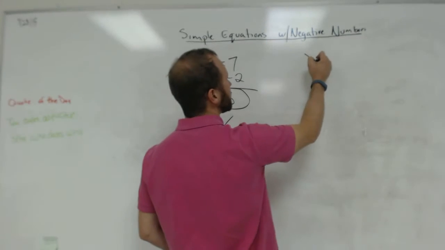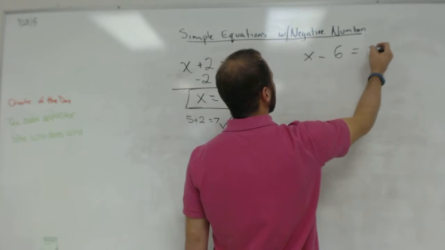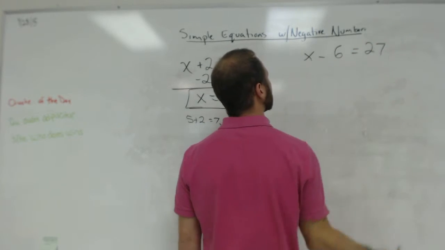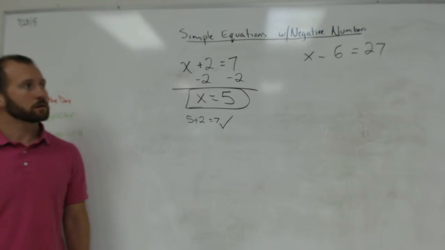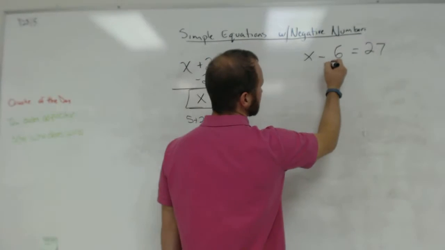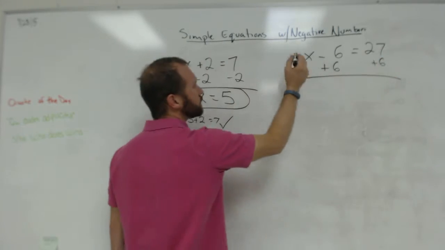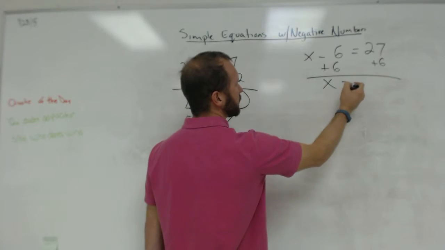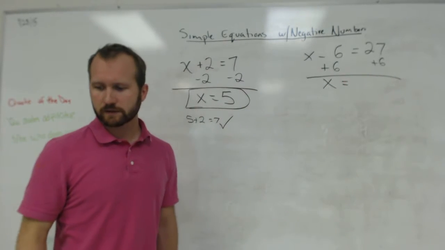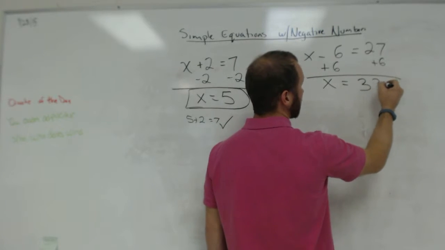Alright, what if I had a negative number? X minus 6 equals 27. Opposite of minus 6? Addition. So add 6 to both sides. X minus 6 plus 6 is just x. 27 plus 6 is 33.